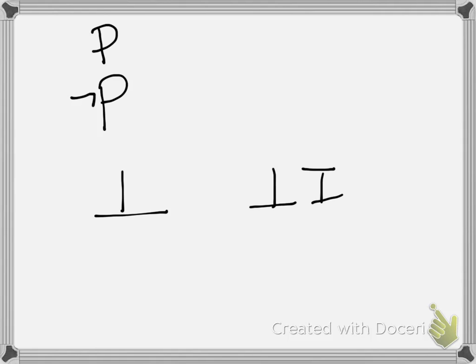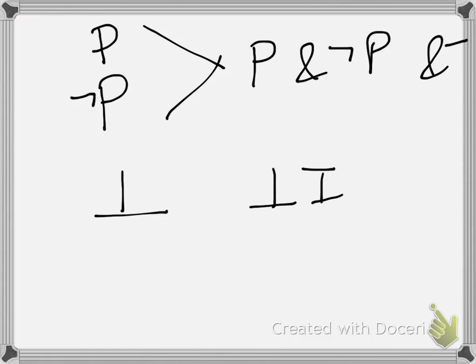So another thing we could have done instead of writing the falsum is derive the formula P and not P by the rule of and introduction. Well, P and not P is a statement that is clearly false. It's a contradiction, and that's exactly what the falsum means. It just indicates a formula that is always false.